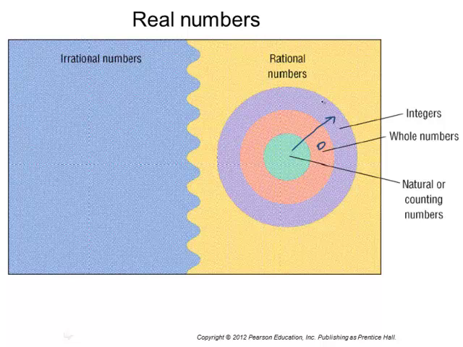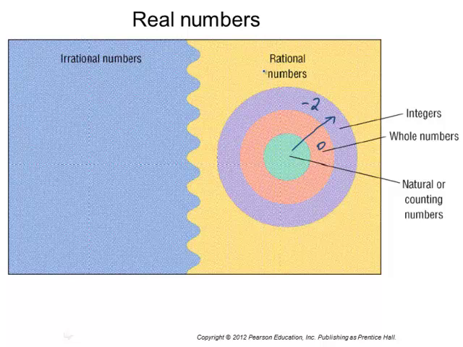So -2, for example, is a number that's an integer that is not a whole number. So that's why the integers form a bigger set, and the whole numbers form a proper subset of the integers. And the integers form a subset of the rational numbers. And over here we've got the irrational numbers. There are not any numbers that are both rational and irrational.